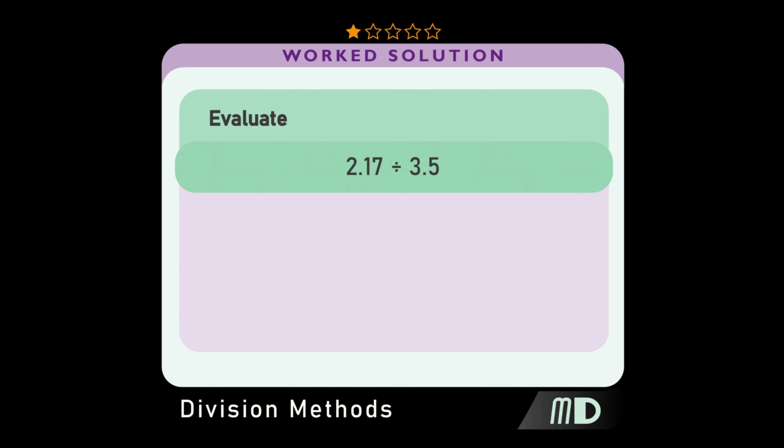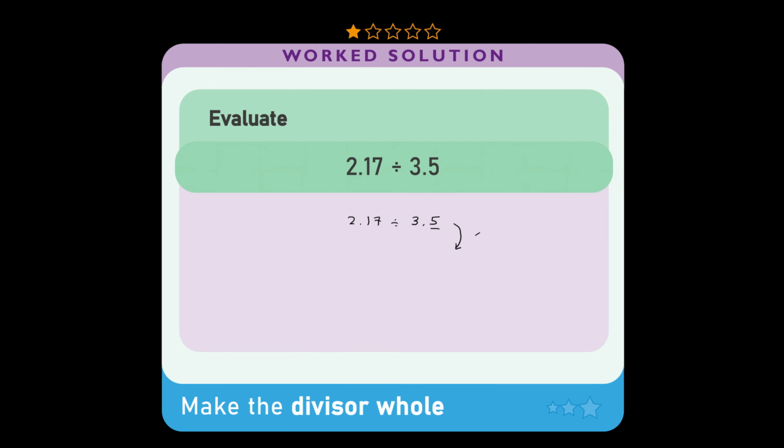We've been asked to divide 2.17 by 3.5. To begin, we are dividing by the decimal 3.5. 3.5 has one digit after the decimal point. That means we need to multiply it by 10 so that it becomes a whole number.